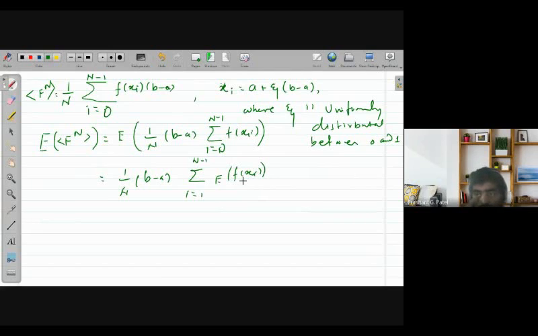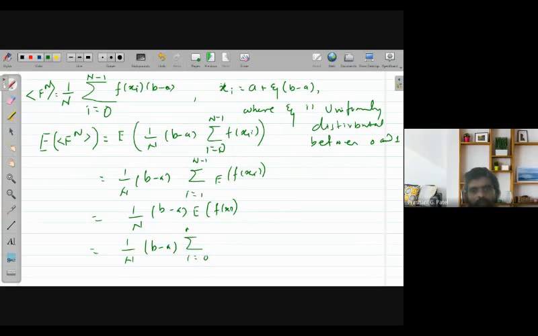That is nothing but the expectation of f of x, so 1 upon n, b minus a into the expectation of f of x, where there is a probability distribution. So that's why it is 1 by n, b minus a, summation i running from 0 to n minus 1, integration from a to b.